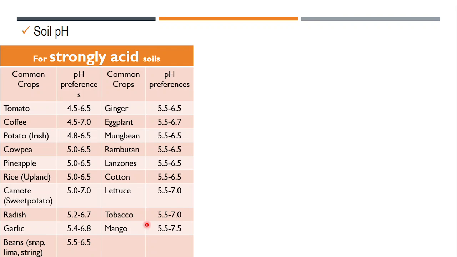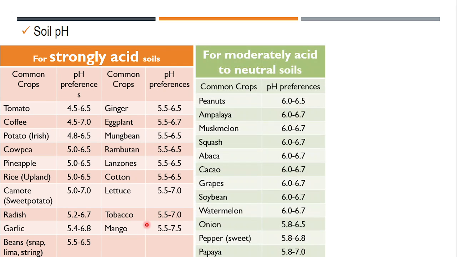And then for our moderately acid to neutral soils, ito naman yung mga crops that require pH starting from 5.8 hanggang 7. We have peanuts, the ampalaya. We have muskmelon. Ito mga pepper, onion, watermelon, and so on.